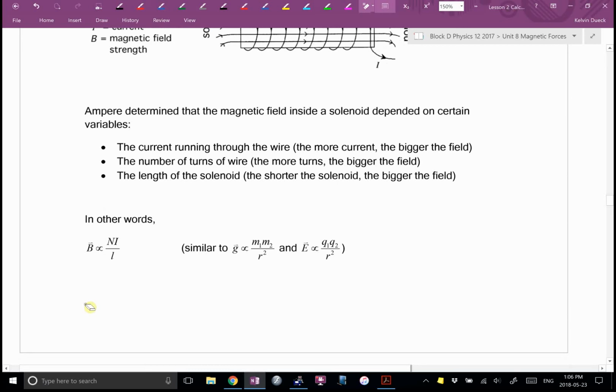In other words, he found that the magnetic field was proportional to the number of turns of wire times the current divided by the length, similar to gravitational field being proportional to m over r squared. We needed to put a big G constant there to make the units work. The same way that electric field was equal to q over r squared, we needed to put a lowercase k there to make the units work. We're going to need to put a constant here to make the units work.